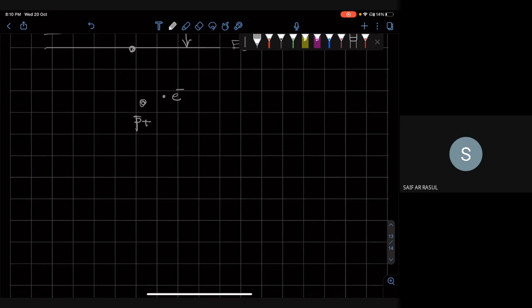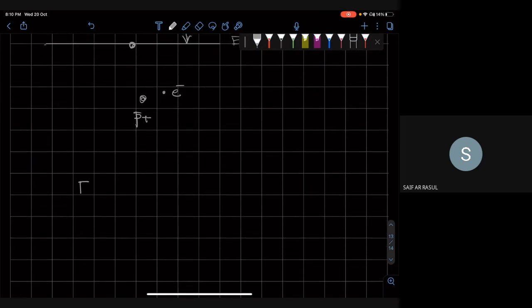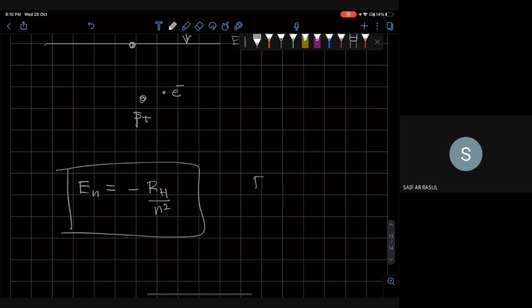Okay, let me just first look at the application of this formula. The important part is that in this formula there is a constant divided by n squared, okay? This is the form of the energy, where R_H is a positive constant, and I think it's called the Rydberg constant.